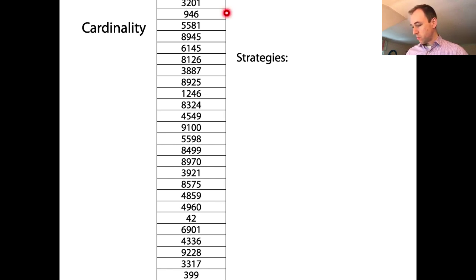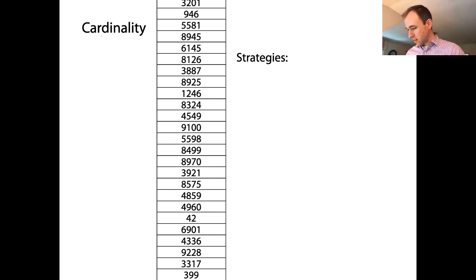I would sort of pick one of them, like maybe 946 here, and then I would just visually scan the rest of the items looking for any other 946s. And I wouldn't find any. So I'd say, okay, 946 seems to be distinct, right? So I would increment a counter for 946.